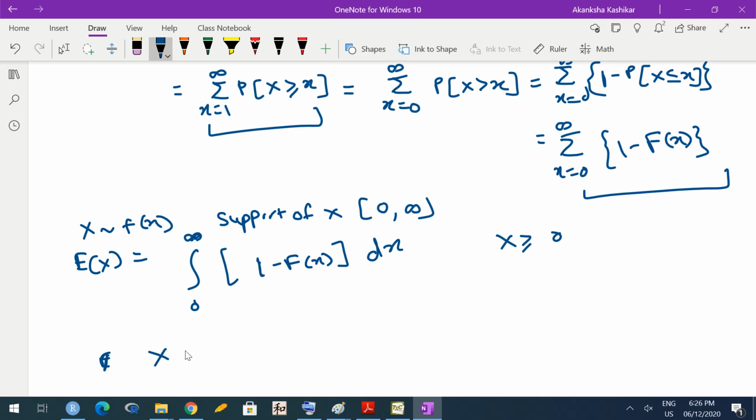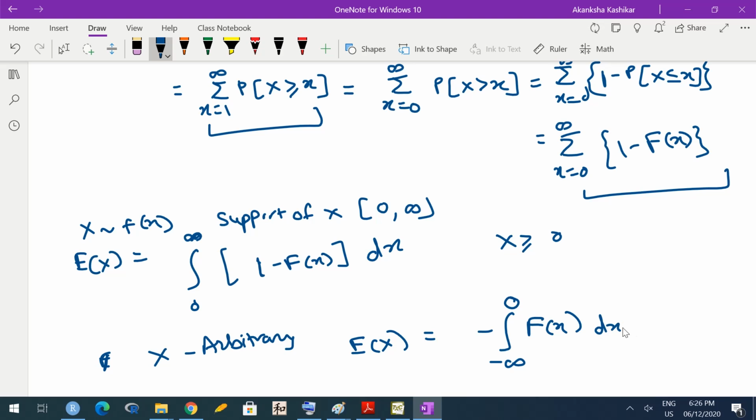If X is arbitrary, meaning the support of X is minus infinity to infinity or some subset of it, then expectation of X becomes the integral from minus infinity to 0 of the CDF of x dx, plus the integral from 0 to infinity of 1 minus the CDF of x dx. We have not done the discrete equivalent of this, so try that.